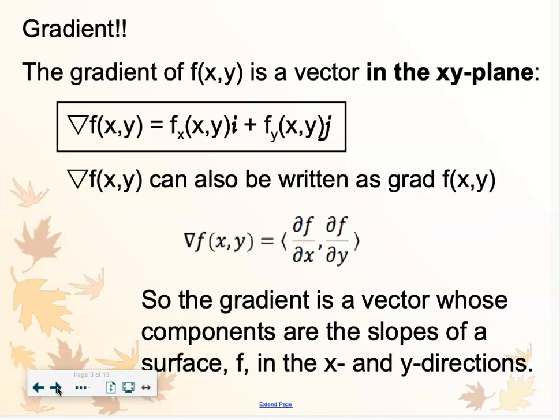So just know that when you write partial x as a vector and partial y as a vector, then the gradient, this is your horizontal component, this is your vertical component, so the gradient gives you this new vector in this new direction. That's what we're going to learn more about over the next couple days. So the gradient is a vector whose components are the slopes of the surface in the x and y directions: the slope in the x direction, the slope in the y direction. It's this new vector.